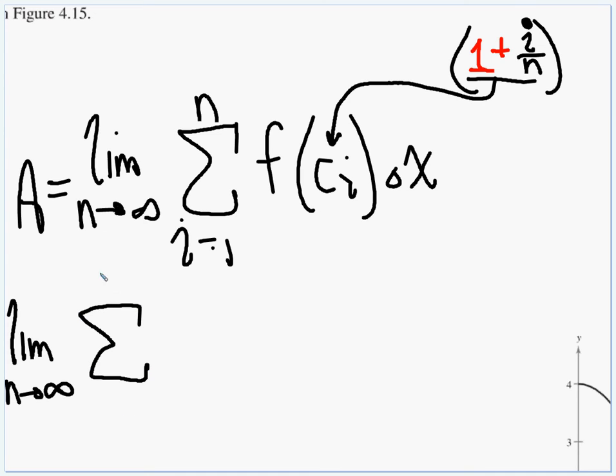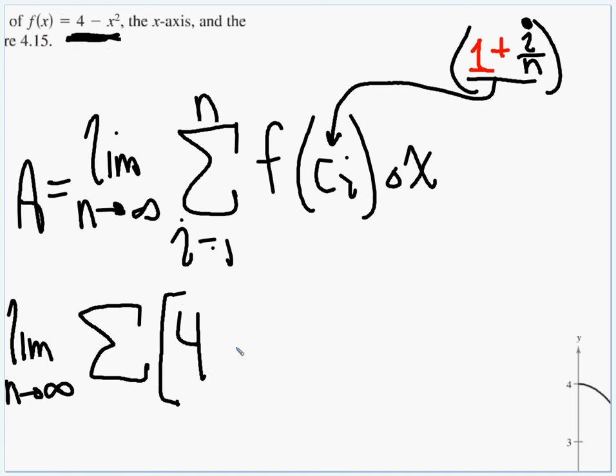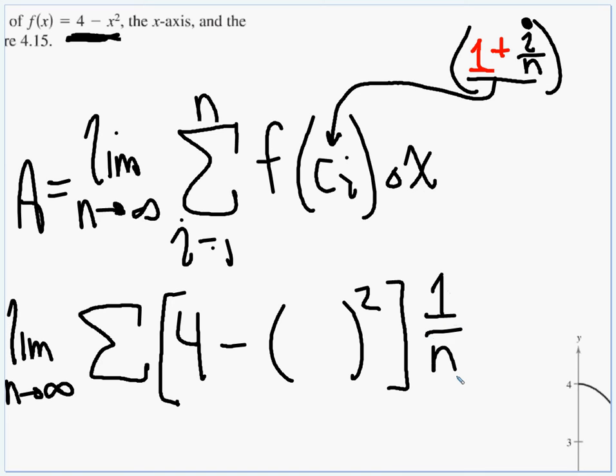Summation. Now here, our function is 4 minus x squared. So in here, we're going to have 4 minus something squared. That will be the height of our rectangles, and we're going to multiply that by the base, 1 over n.